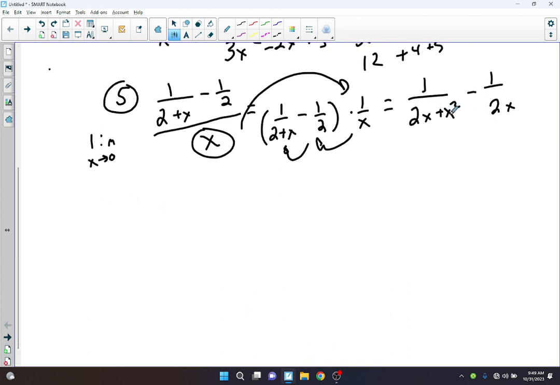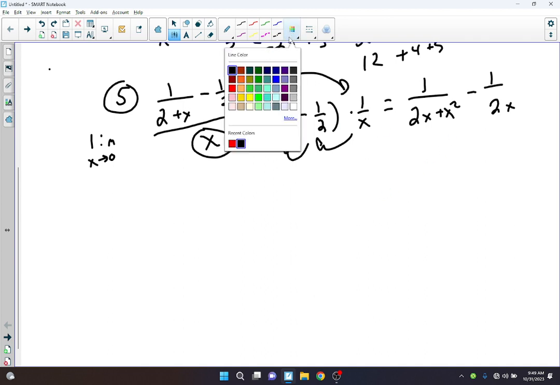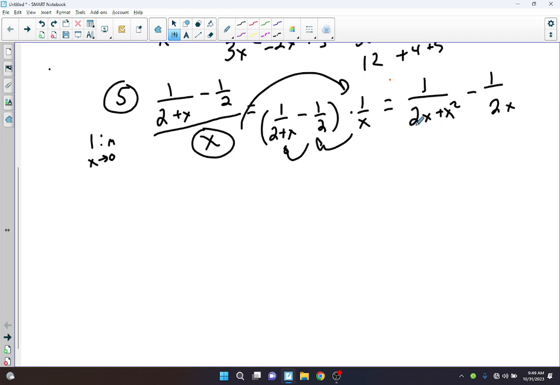So let's make the denominators common. Maybe that will help. Here, this has 2 plus x and an x. And here, this has a 2 and an x. So this guy needs just a raw 2. I could tell the difference because these two were the original ones.